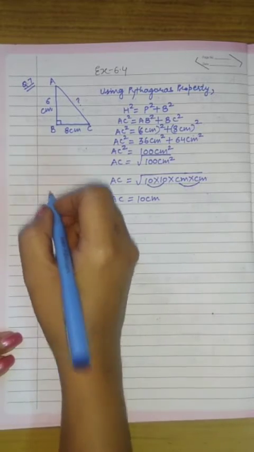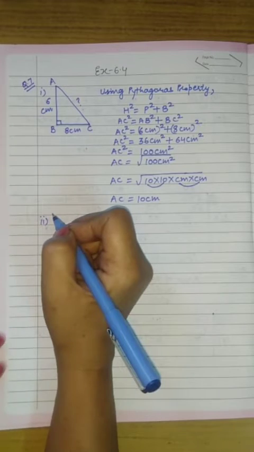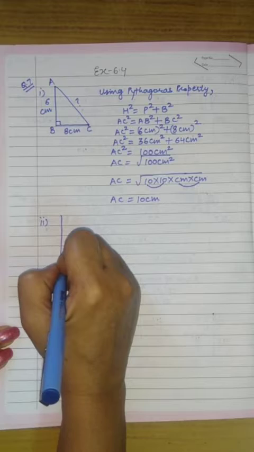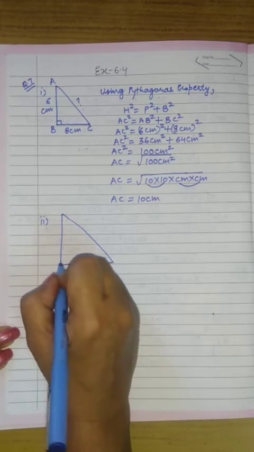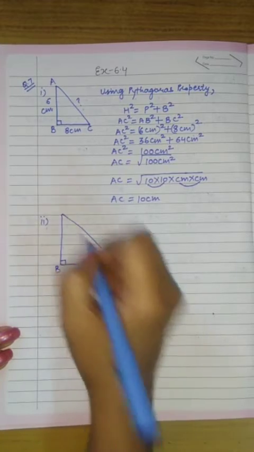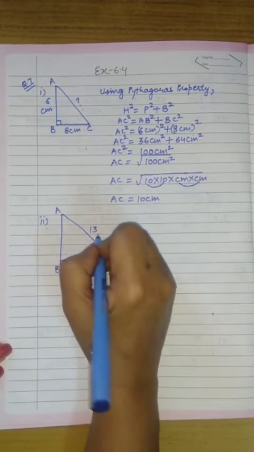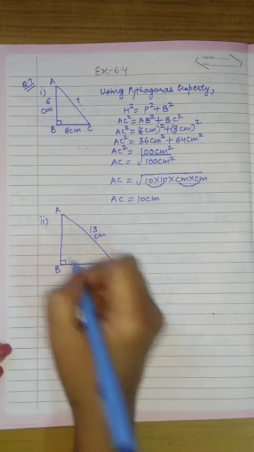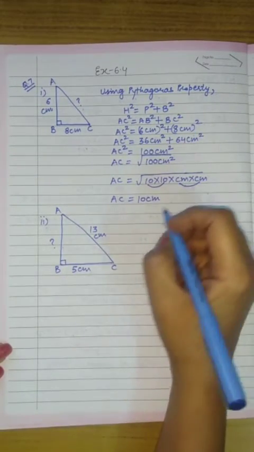This is the first part, and in the second part of this question, we have again a right triangle, which is right triangle at B. In this part, we are given AC, that is hypotenuse 13 centimeter and base is given 5 centimeter, and we have to find AB. But we will use the same property.